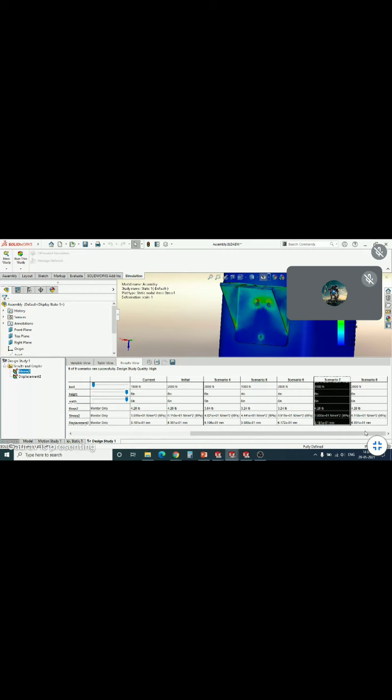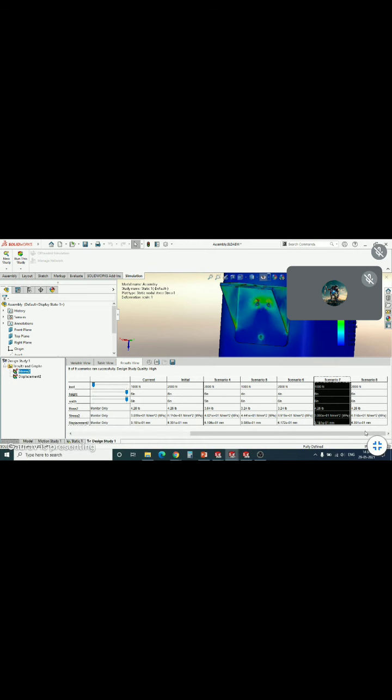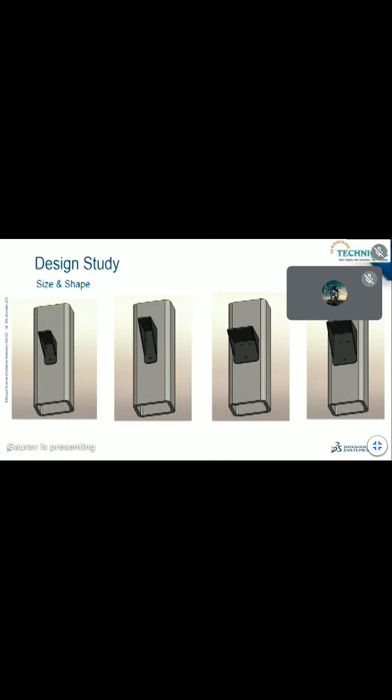So the product you manufacture is intended for its end use, correct? Or it will reduce your time in prototyping and so on. So the second part was very interesting in this parametric design study, right?